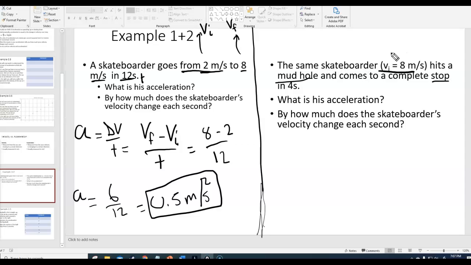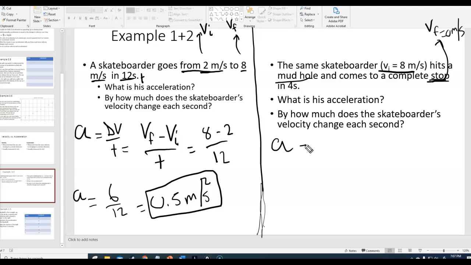So now that 8 meters per second is actually vi. Here is another example of a context clue that you will see all the time. There are two context clues you see all the time: starts from rest, which means that the initial velocity is 0, and if the object is stopping, that tells you that the final velocity is going to be 0.